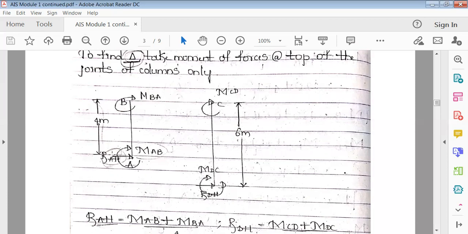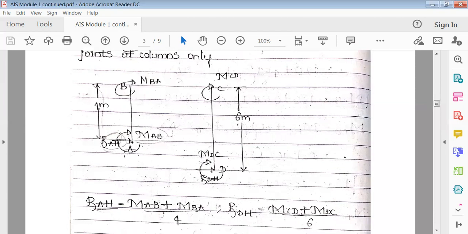To find RH, right now there is one movement here, one movement here, only in this part of the section, that is in AB. There are only two moments, MAB and MBA, both clockwise. So if I'm finding moment about this point, it is simple because there are only two moments and one reaction.